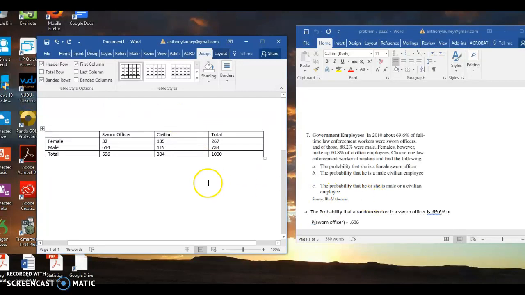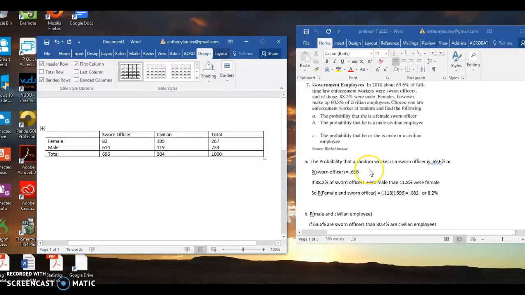Now we did that the other way, using the way the book shows. It says if 88.2% of sworn officers were male, then 11.8% were female. So the probability of female and sworn officer is 0.118 times 0.696, which is 0.082. But having filled out this table, I can just see it must be 0.082 because it's 82 out of 1,000.